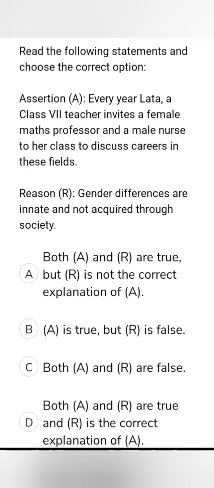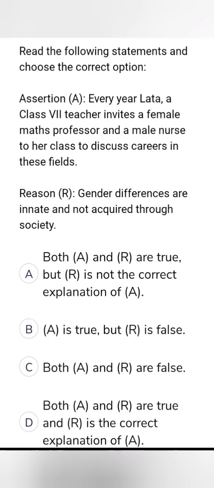Next question is read the following statements and choose the correct option. Assertion A, every year Lata, a class 7th teacher, invites a female maths professor and a male nurse to her class to discuss careers in these fields. Reason R, gender differences are innate and not acquired through society.